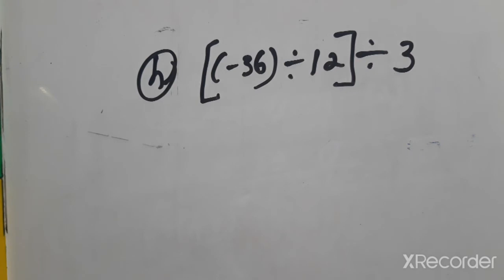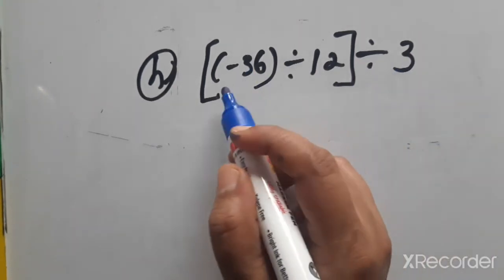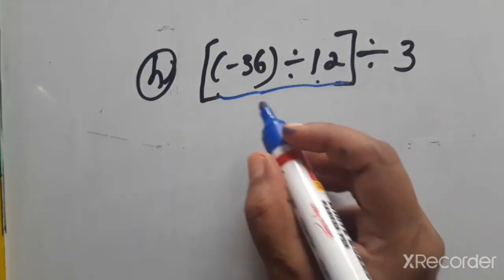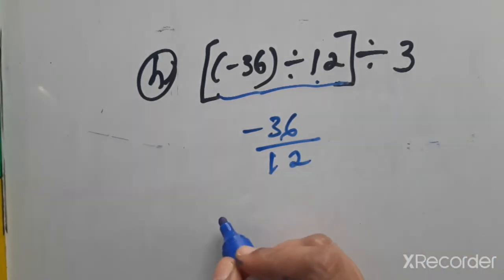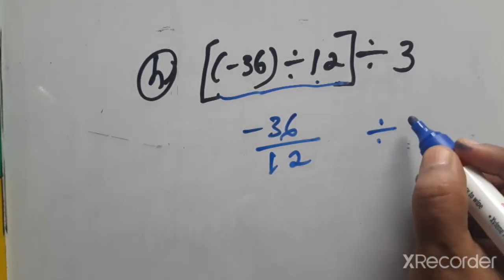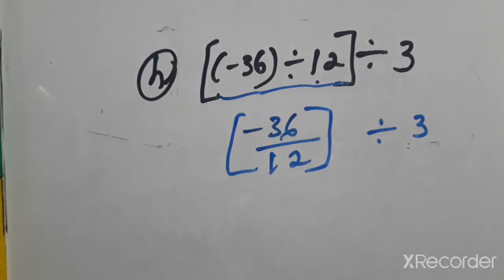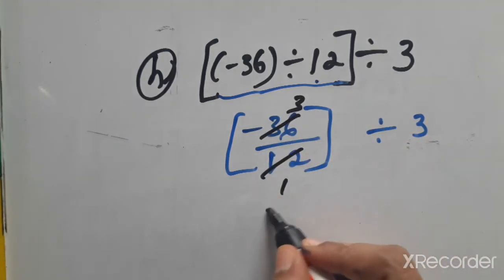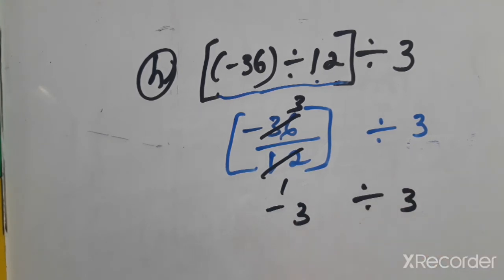Now H1, minus 36 divided by 12 divided by 3. First simplify this, then divide it. Minus 36 divided by 12, and again divided by 3. First, minus 36 divided by 12: 12 1s are 12, 12 3s are 36, so minus 3.